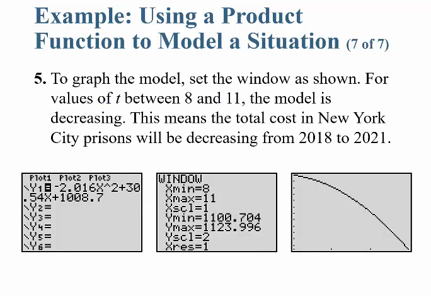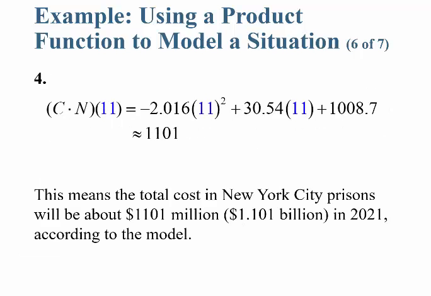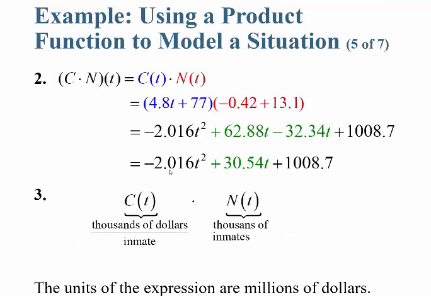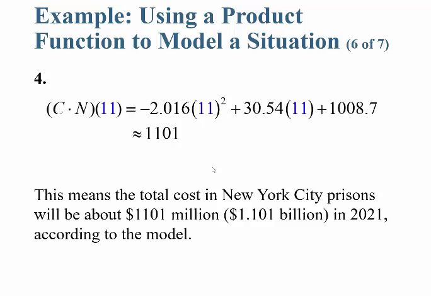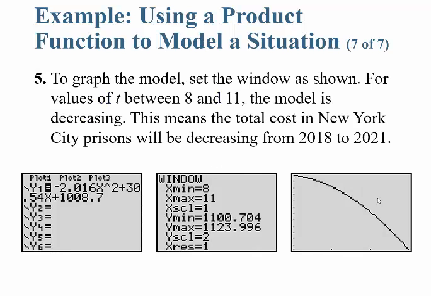To graph the model, set the window as shown for values of T between 8 and 11. What we're doing is plugging this equation into our calculator. And you see this is what the graph looks like from 2018 to 2021. So this is saying that the total cost function is actually decreasing, which is great.